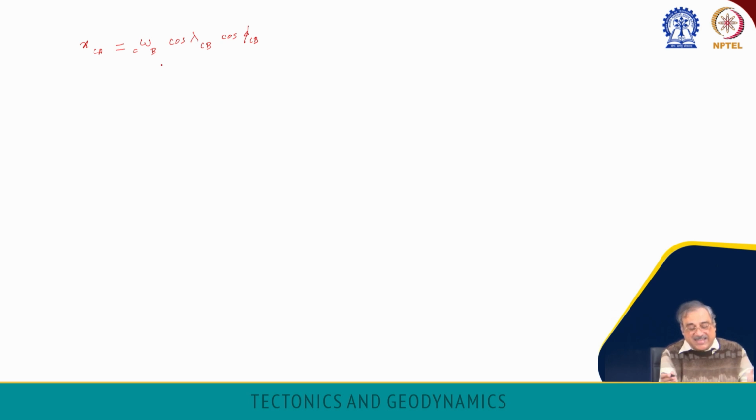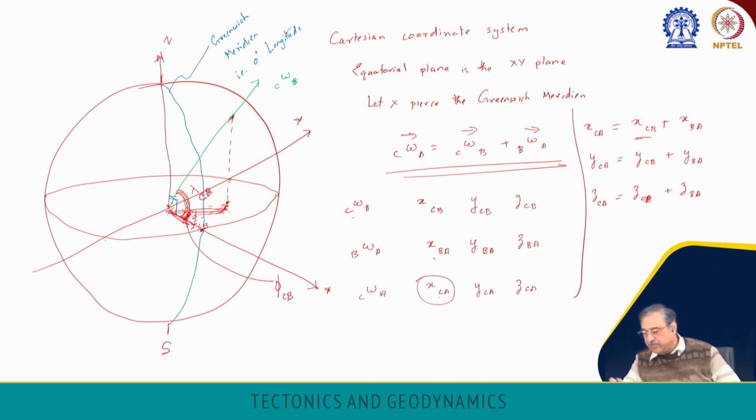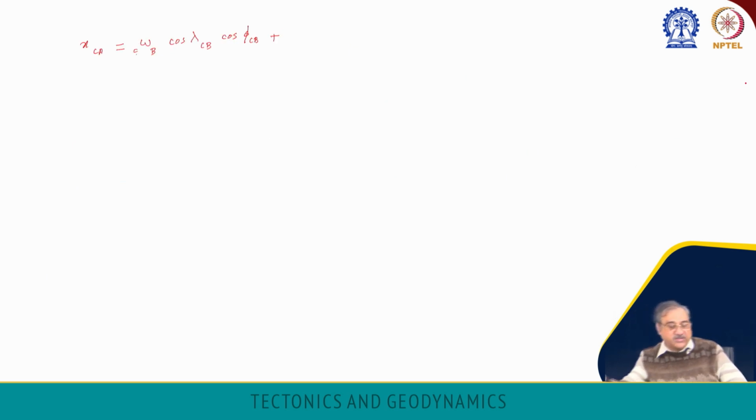So XCB is equal to omega BC cos of lambda CB into cos of phi CB. This is what we get when writing out the value of XCB. Similarly, the next value is XBA, and you use similar logic.